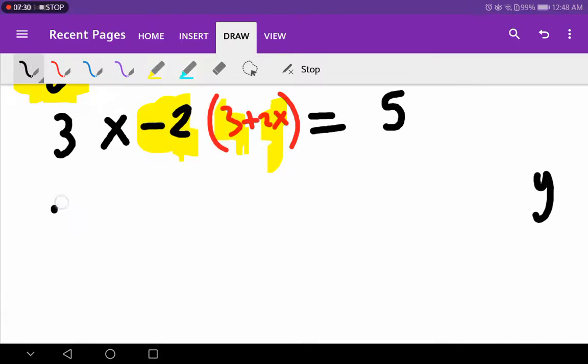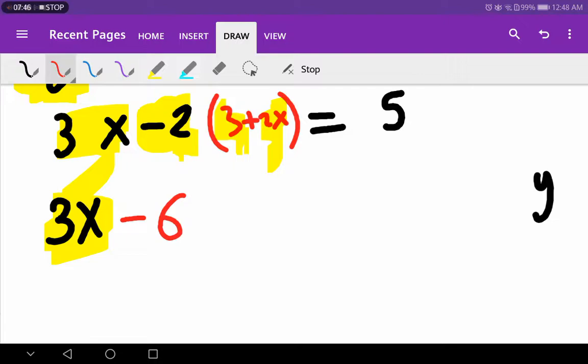So I will rewrite 3x again, and I will use the Ali story: negative 2 multiplied by 3 equals negative 6, and negative 2 multiplied by 2x is negative 4x equals 5.